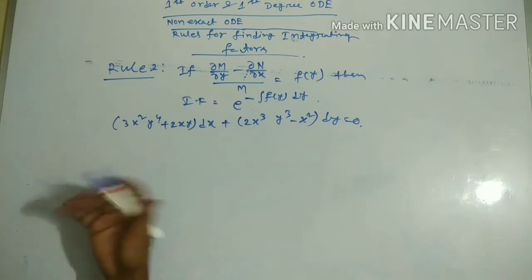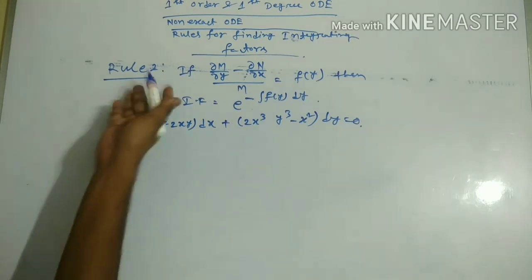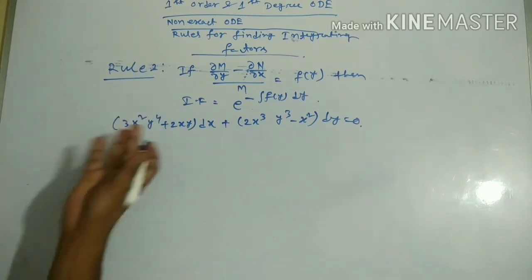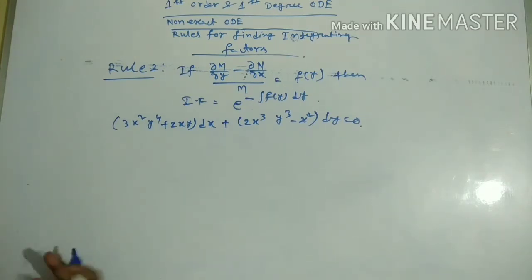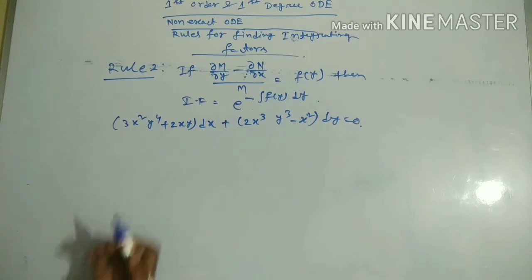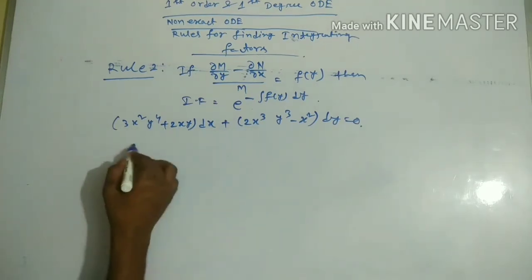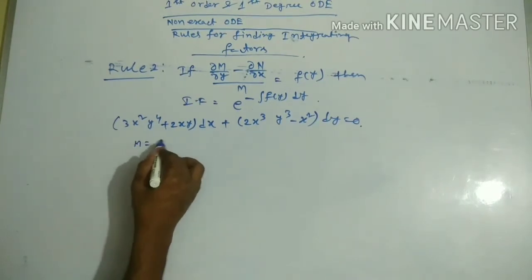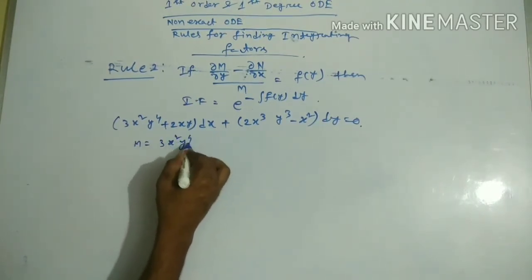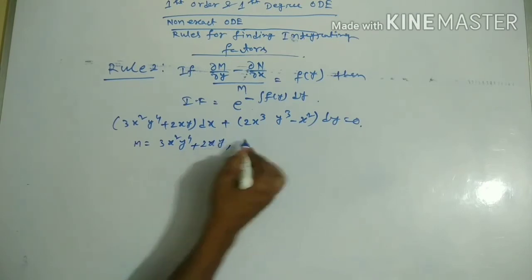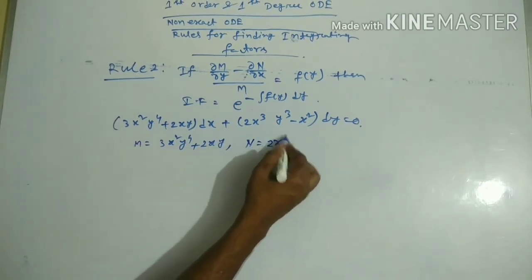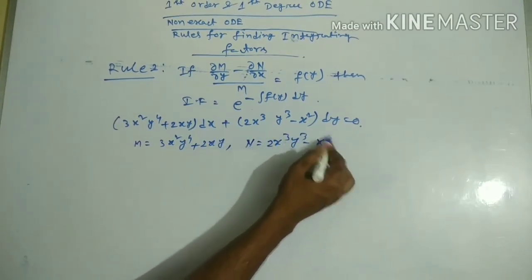Though I am doing this for applying rule 2 and this is a non-exact equation, since you will not know previously whether the equation is exact or non-exact, first you have to check for the exactness of the equation. So this is M and this is N. So M equal to 3x square y to the power 4 plus 2xy, and N equal to 2x cube y cube minus x square.